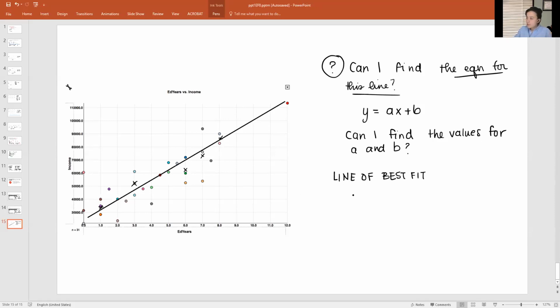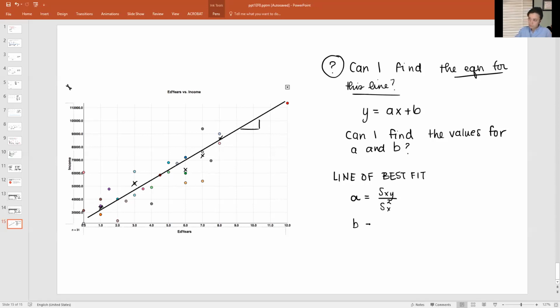And its parameters are A, which is the slope. It tells me for a change of 1 unit in X, what is the corresponding change in Y. And A is given by SXY divided by SX squared, where again, SXY is just the covariance between X and Y, the same definition as before.